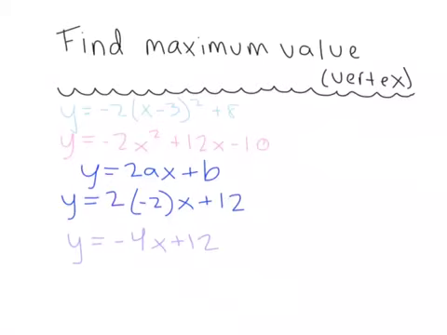And we need to put this into y equals 2ax plus b, which is like finding our first derivative or something like that. So that's going to come out as y equals 2 times negative 2, because our a is negative 2, x plus b, and our b is 12, because that's a, b, c. Then that's going to give us y equals negative 4x plus 12.